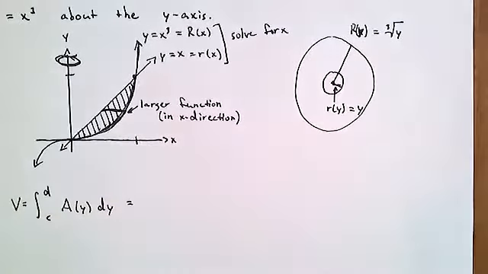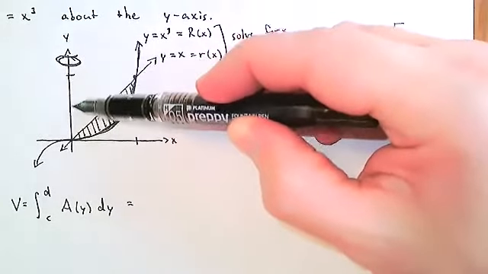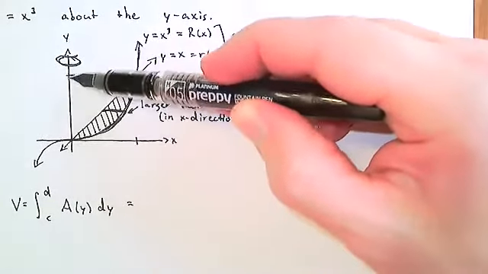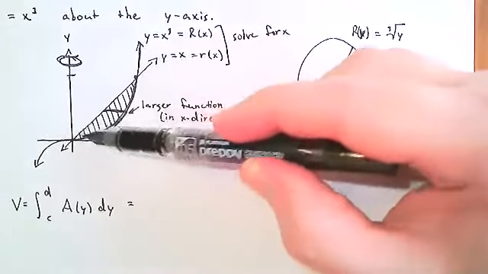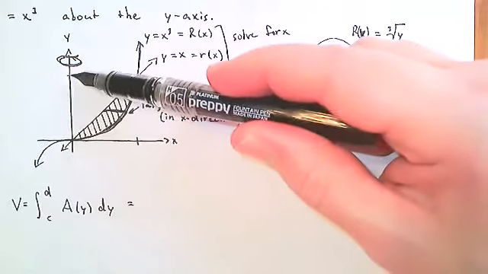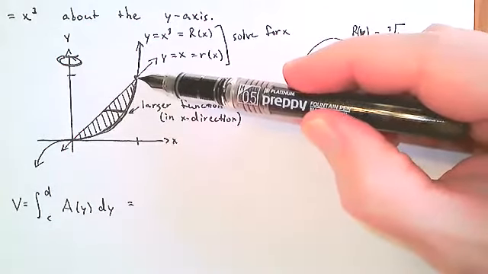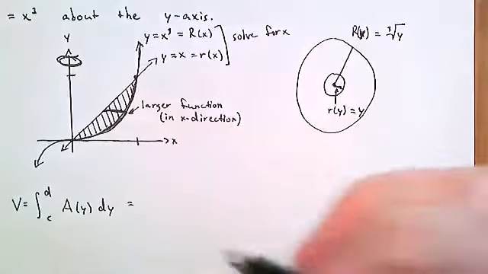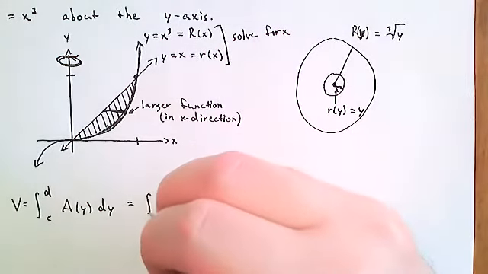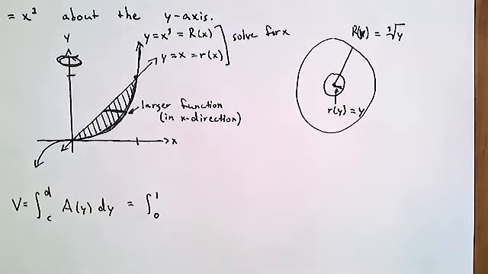I guess now we should just continue on with our integral. Our limits of integration in the y direction, we can again find by doing an intersection, or we can read them off this graph. We're going to start at the origin at 0 and then go up to 1 where the line crosses the cubic. Okay.